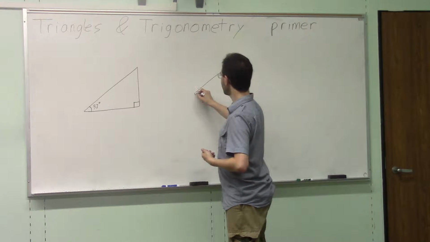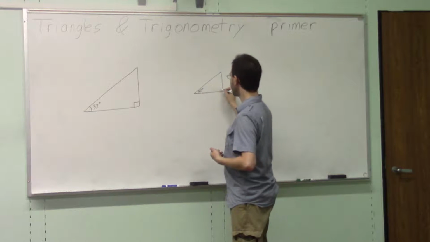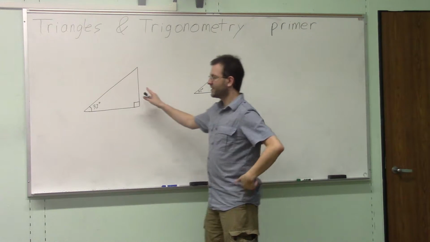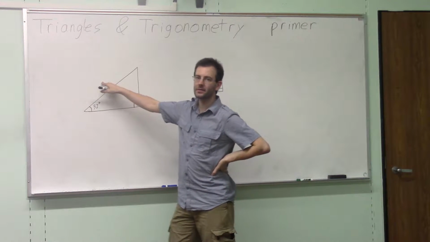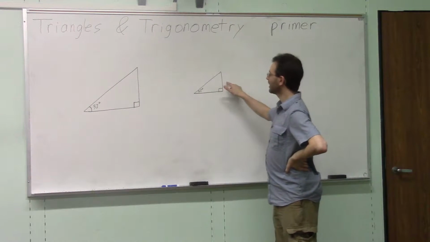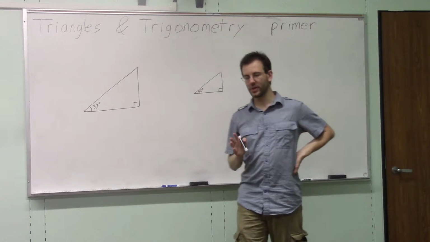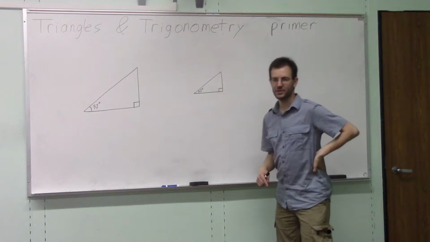Let's say I drew another one that was smaller, but also had a 32-degree angle and a 90-degree angle. If this is like 55% of that, then this will also be 55% of that. And there are certain relationships that are always true in these situations.